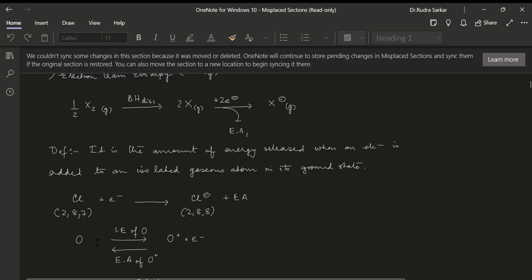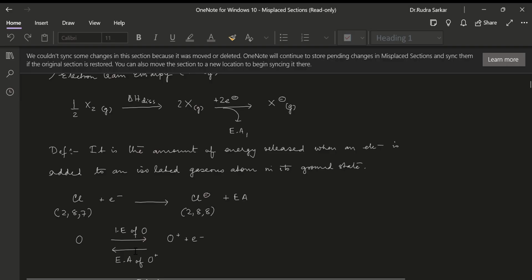If we take oxygen and take out one electron, it becomes O plus. Anytime we are doing an electron withdrawal from the valence shell, it is an energy taking process by the system, so it is an endothermic process, so to say.